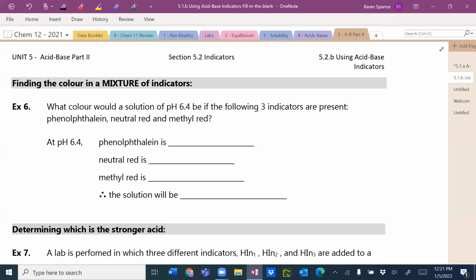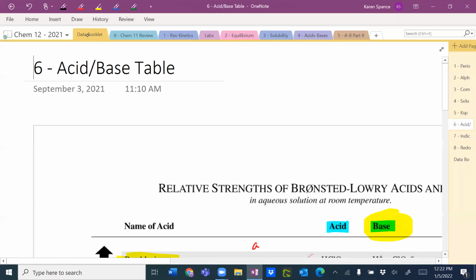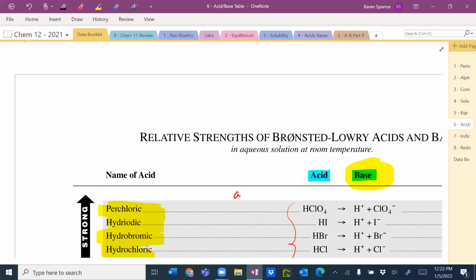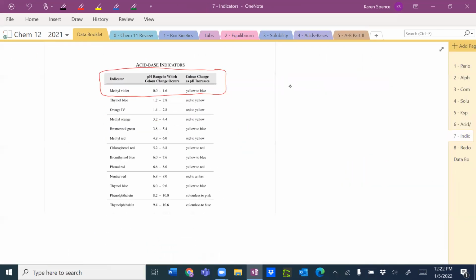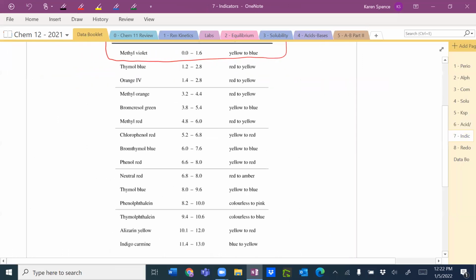If you have your data booklet in front of you, you can go look them up. So our solution is pH 6.4.